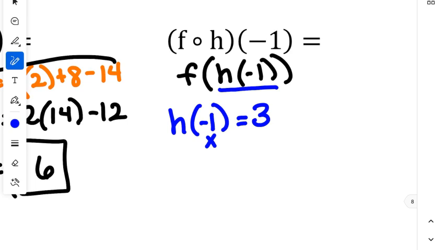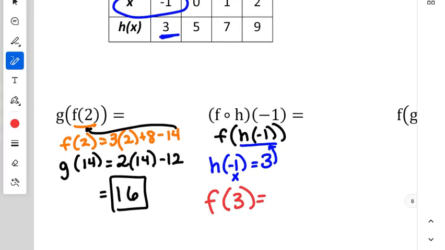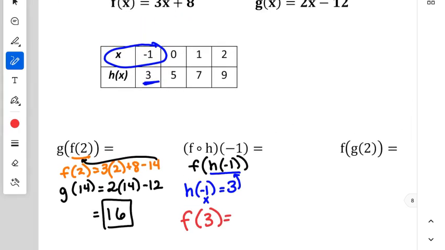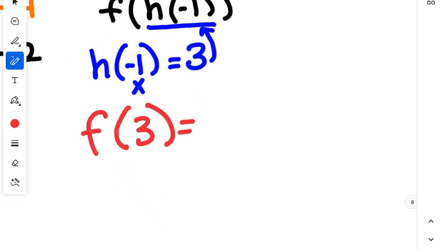But we're not done because we just did the inside. Now we got to plug this in right here. So it's f of 3 now. So f of 3, 3x plus 8 is the f function. So 3 times 3 plus 8.